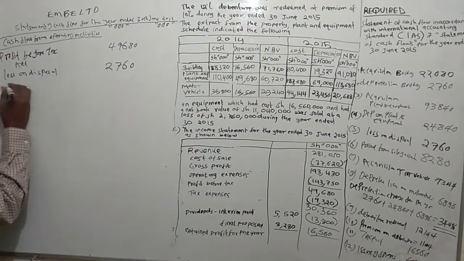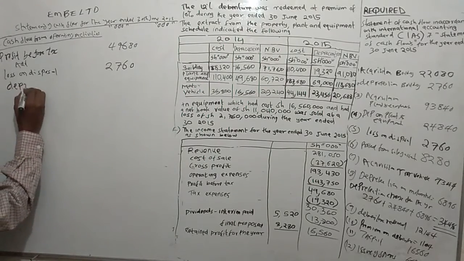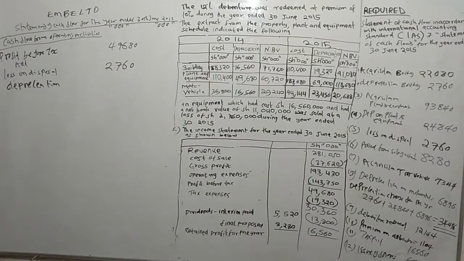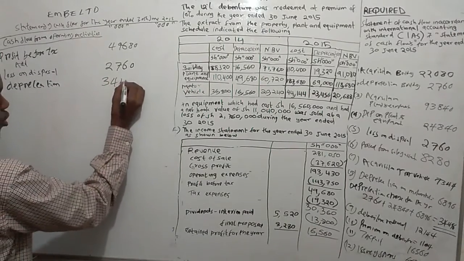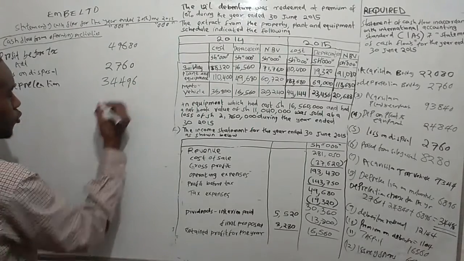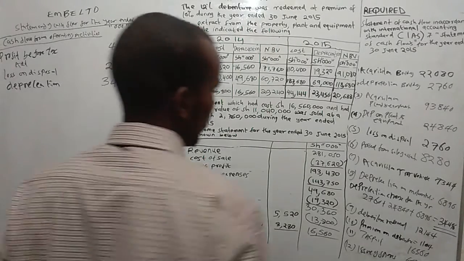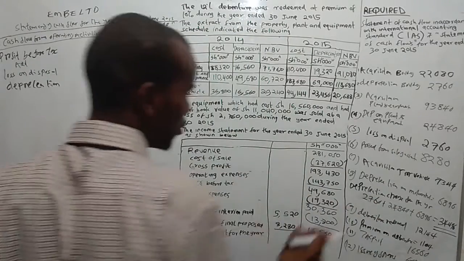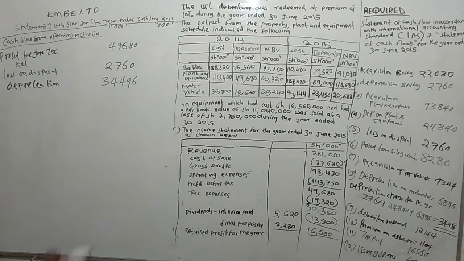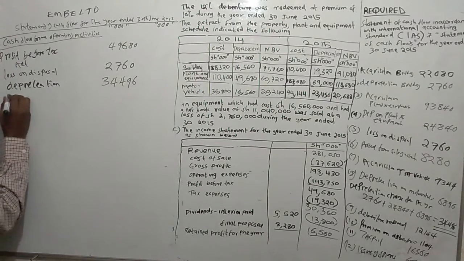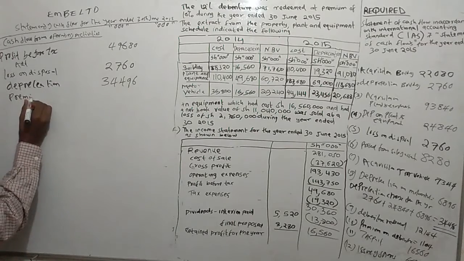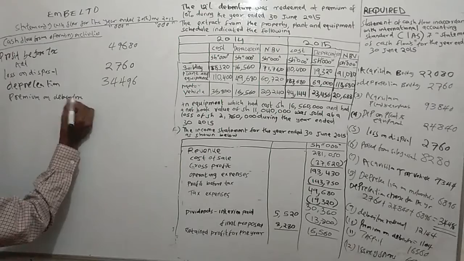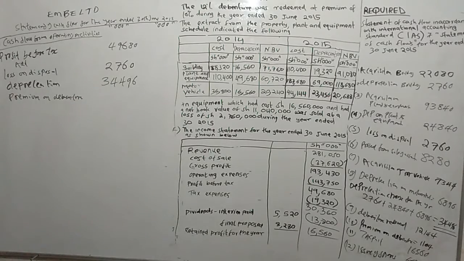So we also add back the depreciation, 34,496. Then lastly, we have the premium on the venture, 1,104. So we're going to add premium on the venture, the amount there is 1,104.